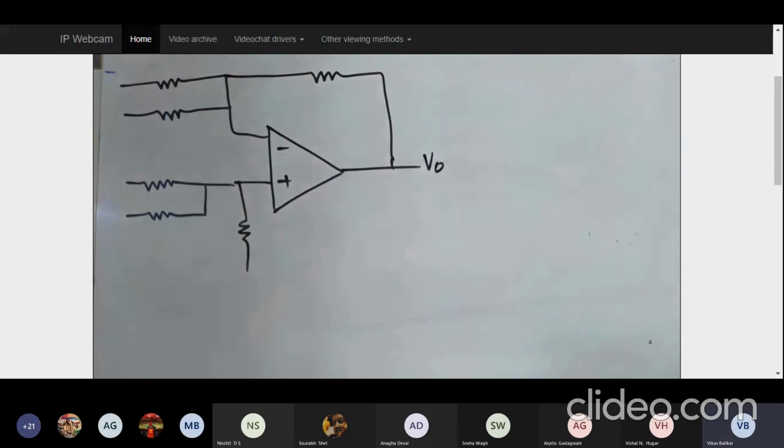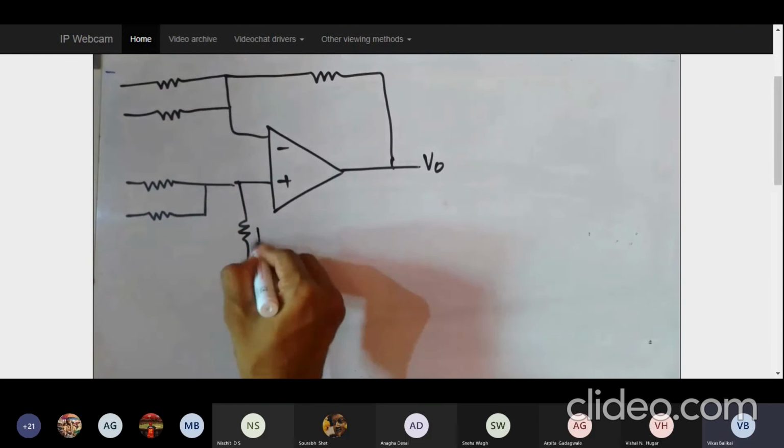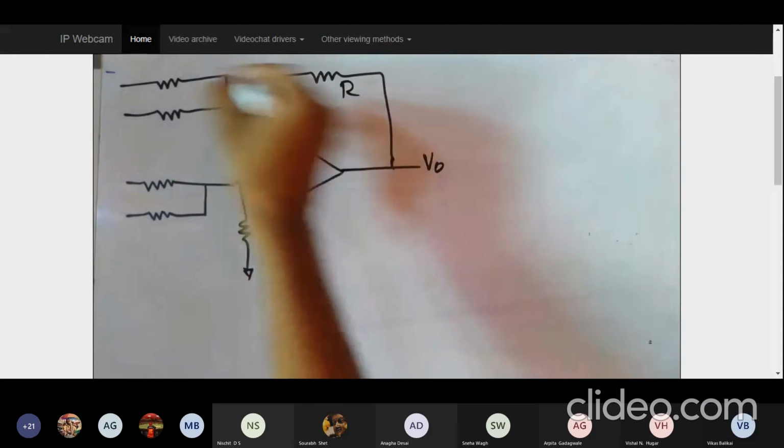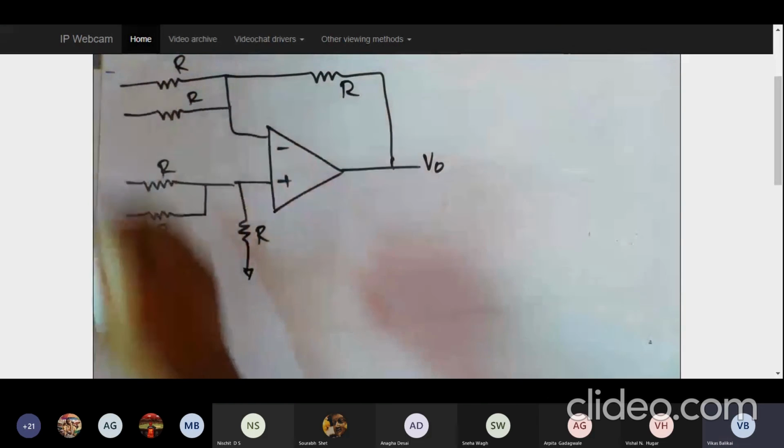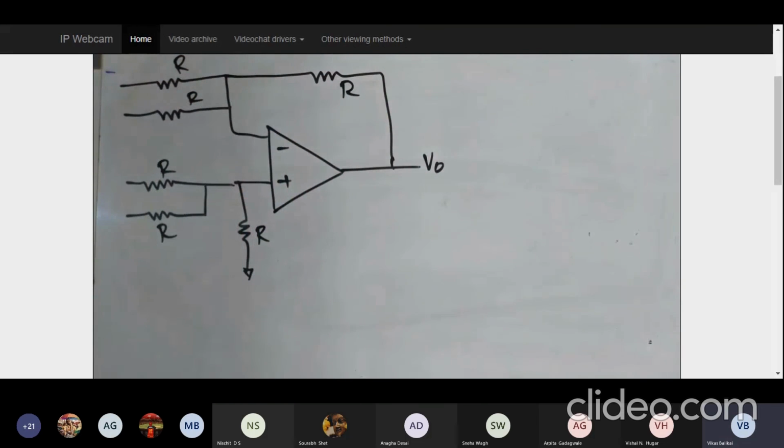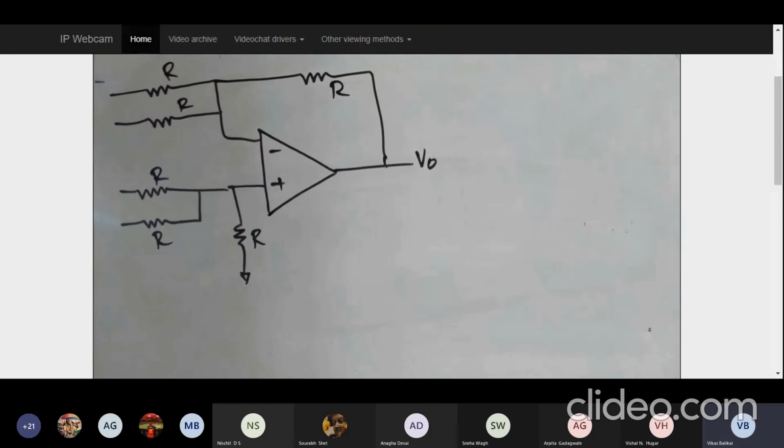Looking at it, I took all the resistance values different, but finally I again made R1 equal to R2 equal to R, then R1 plus R2 plus R3 and R1 plus R4 equal to R. Finally I just made everything R. Instead of making them the same later, in the beginning itself I can take all the resistance values as R. This will again nullify the resistance value in the very beginning of the derivation.